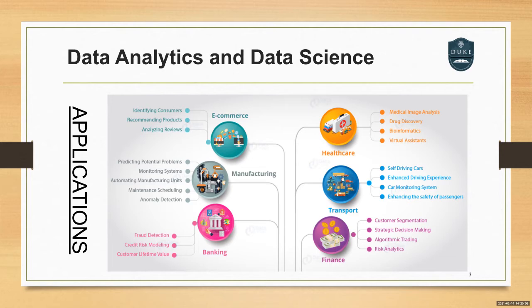Nowadays, they want to store as much data as needed. For some companies, even some startups, the whole objective is to create data and sell it to other companies. So data as a service is a trending topic nowadays.